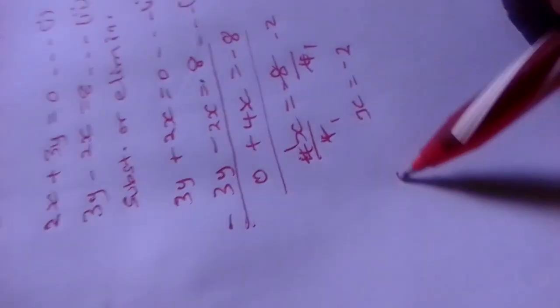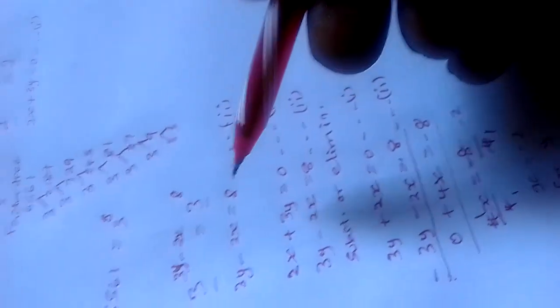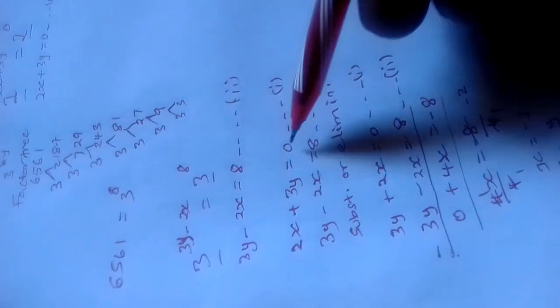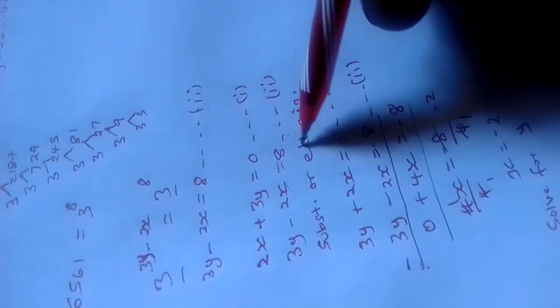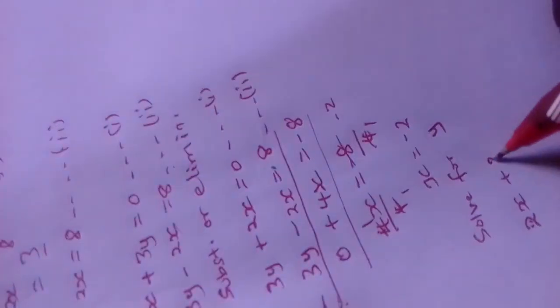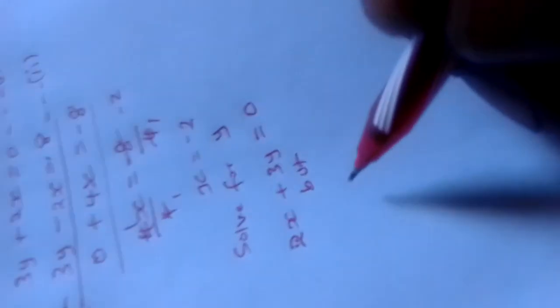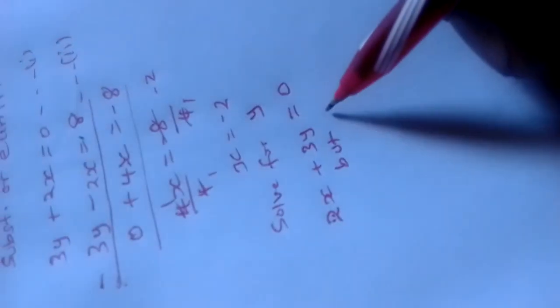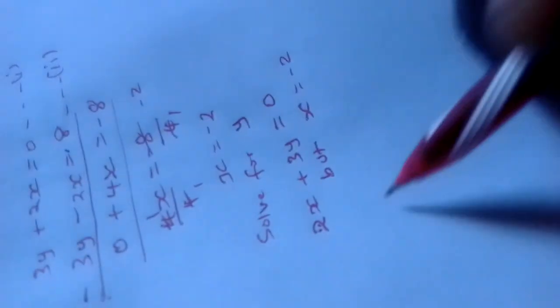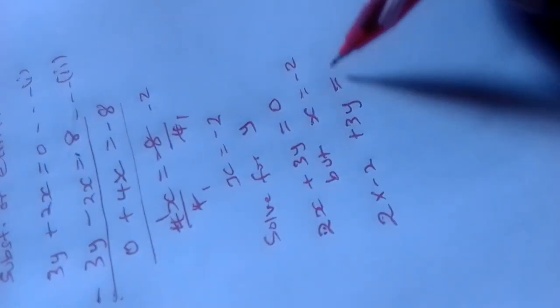After getting x is equal to negative 2, we need to solve for y. You can replace x in any of the equations, equation 1 or equation 2. So when we put it in equation 1, 2x plus 3y is equal to 0, but x is equal to negative 2. So we say 2 times negative 2 plus 3y equal to 0.